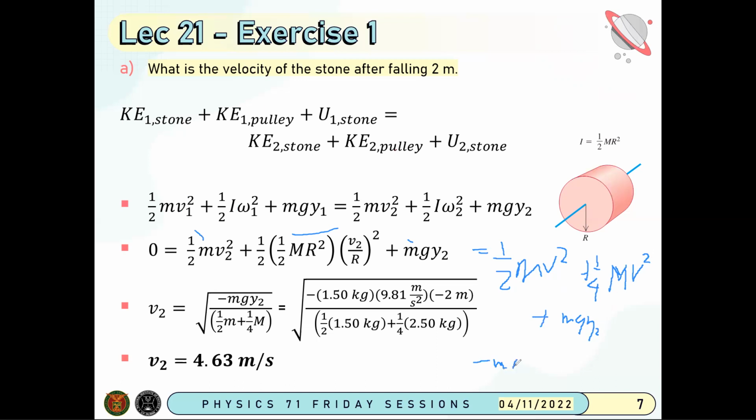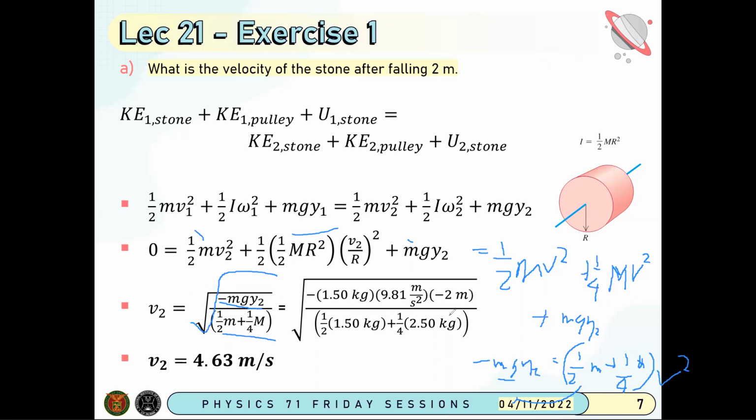You get negative mgy2 equals (1/2 m plus 1/4 capital M) v squared. And then this term goes down, so you have negative mgy2 over that. Then, since it's v squared, you take the square root. Now you have the square root of a negative.